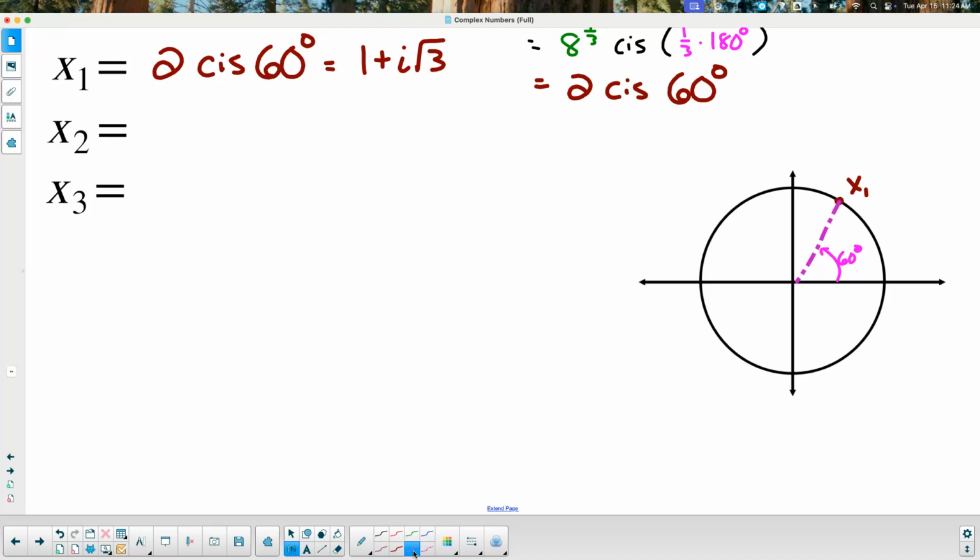What did we come up with for the first time that we did this problem? We came up with -2, right? -2 would be right over here. In trig form, it would be 2 CIS of 180 degrees, or just -2, correct?